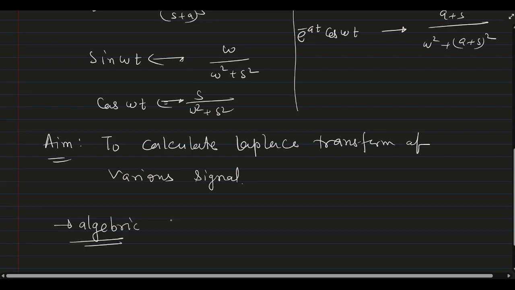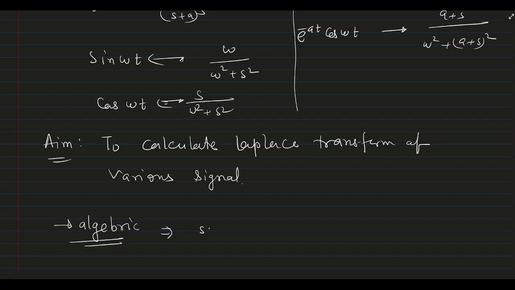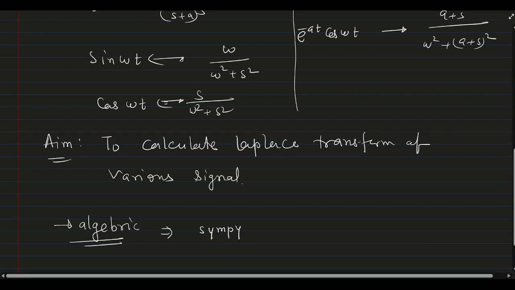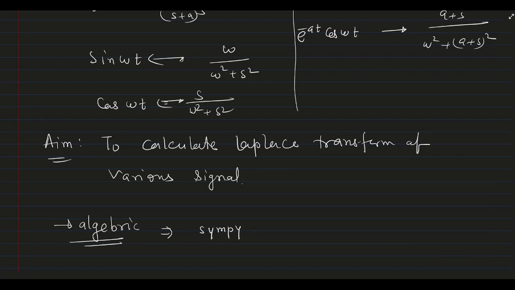The solution for this algebraic library is SymPy. Similar to NumPy, there is one Python library known as SymPy. What is the advantage of SymPy? In SymPy, we have symbolic processing. In NumPy, we do numerical processing.